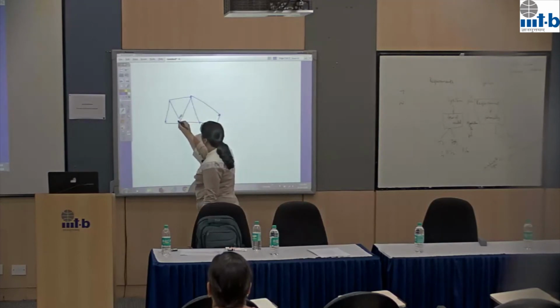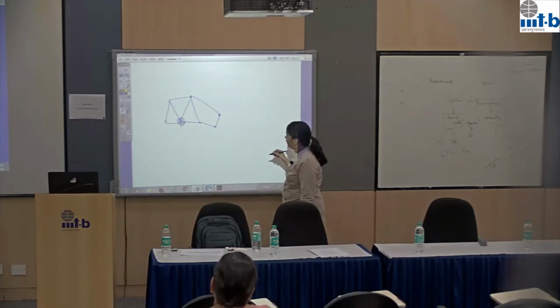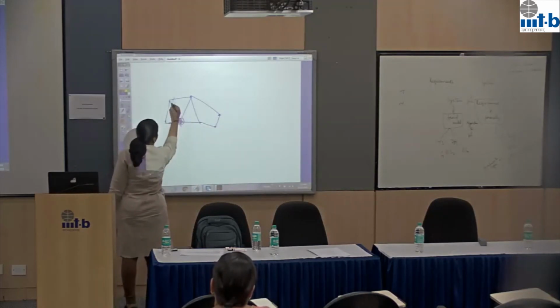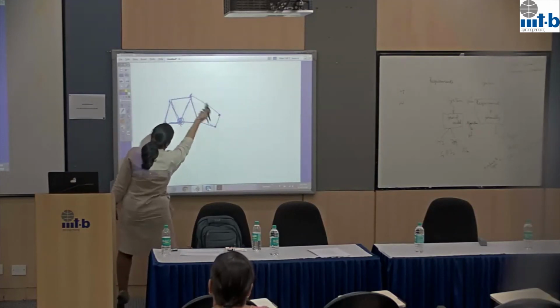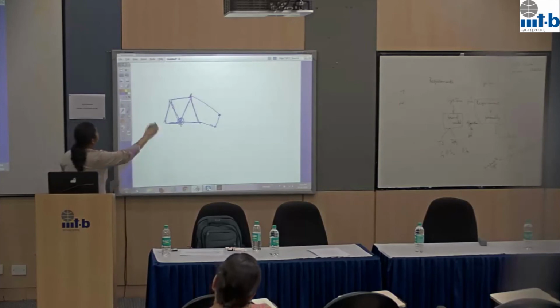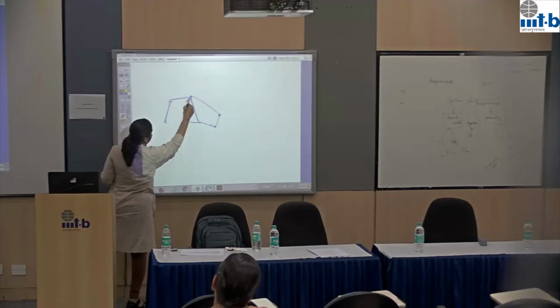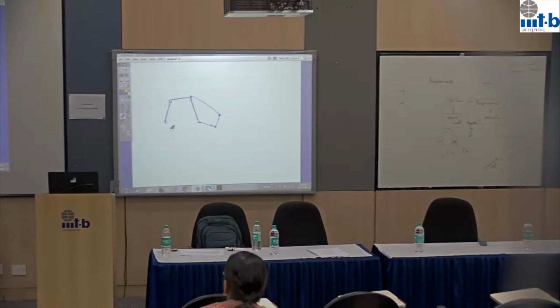Let's say you delete this vertex. Is it good enough? Do I have to remove anything else? If I delete this, I have deleted these edges. What I get is a bipartite graph. It doesn't contain any odd cycle. Clear?